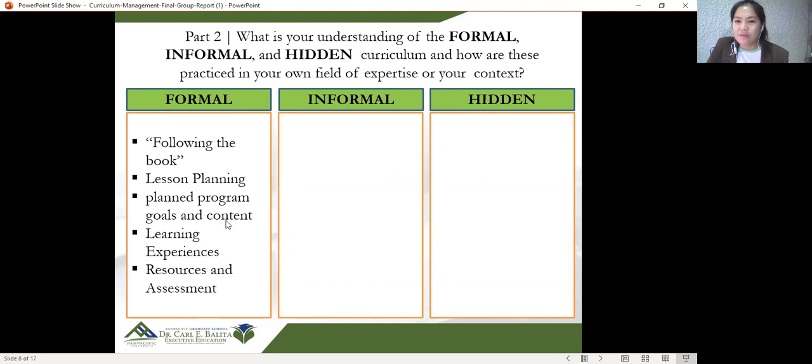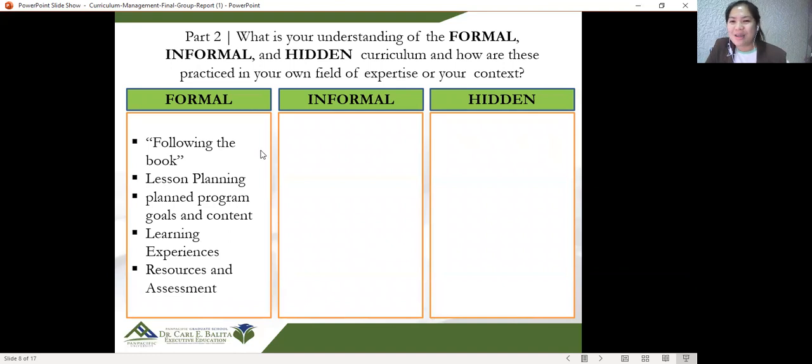So as we understood or as we discussed the formal curriculum, this is where the manual or the content of the teaching and learning process is, this is the what of the teaching and learning process. So we can find everything here.